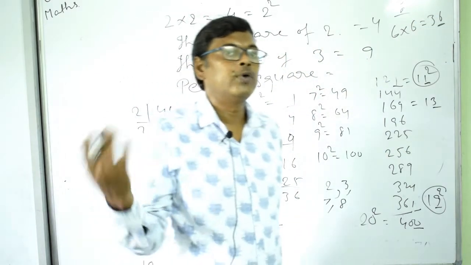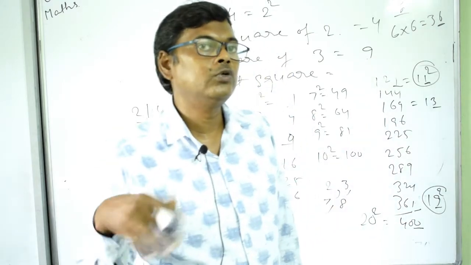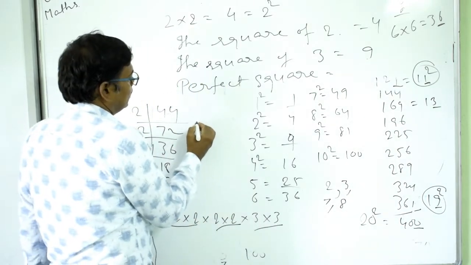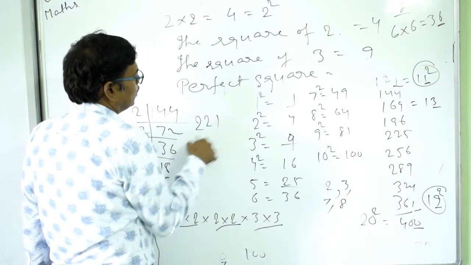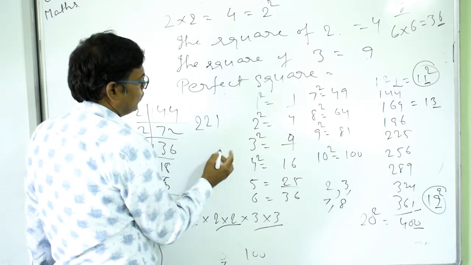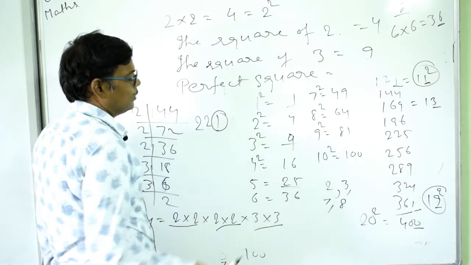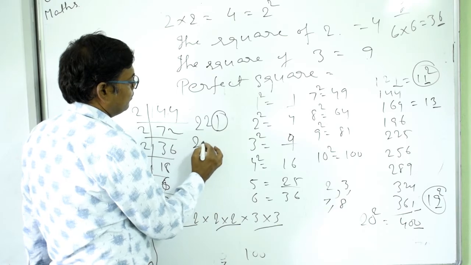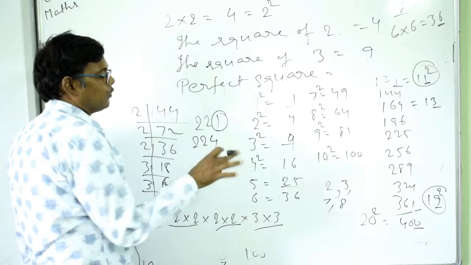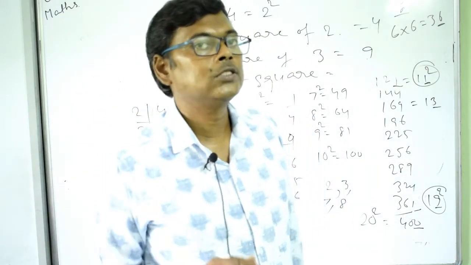So it is very easy to find which digit will come at the ones place when you square a given number. For example, if you square 221, then in that answer you will get 1 at the units place, because 1 square is 1. And suppose you have a number like 224, then you know that 4 4s are 16. So in the number 16 the units digit is 6.